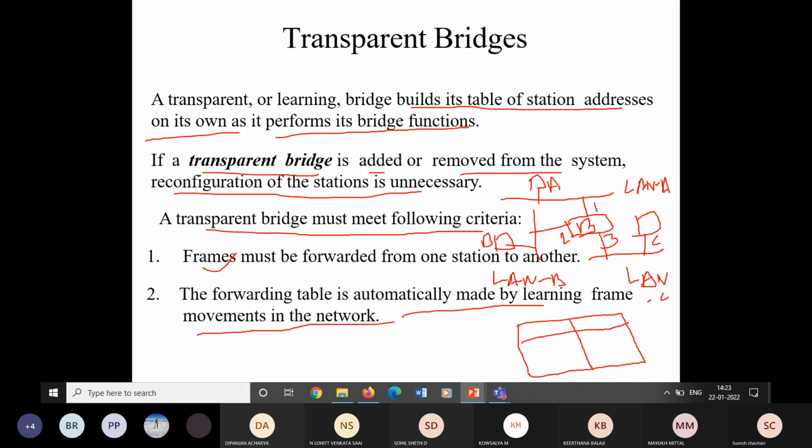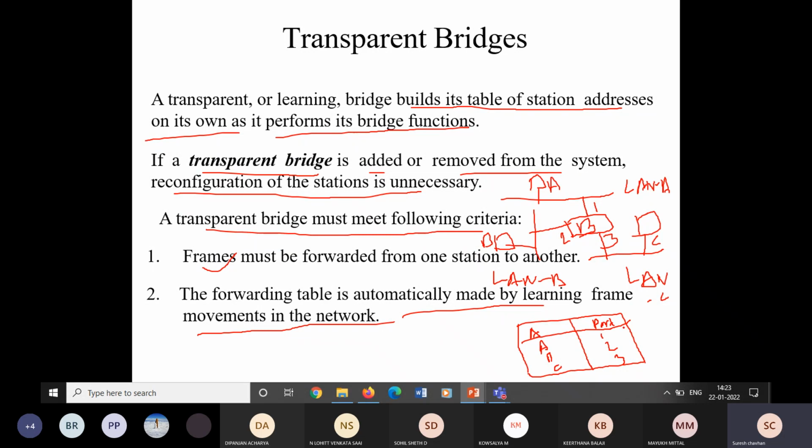Here addresses will be there, and here port numbers. Suppose A is the physical address, B is the physical address, and C, and the port numbers are 1, 2, and 3.